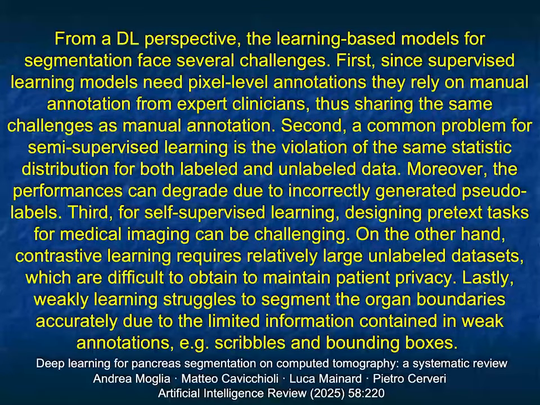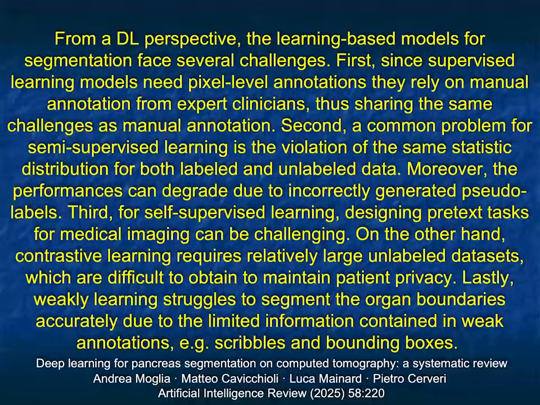From a deep learning perspective, the learning-based models for segmentation face several challenges. And again, we can look at the problem. Supervised learning models need pixel-level annotations. A common problem for semi-supervised learning is the violation of the same statistic distribution for both labeled and unlabeled data.